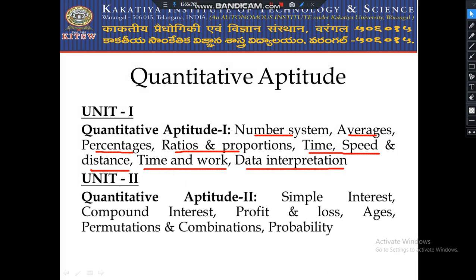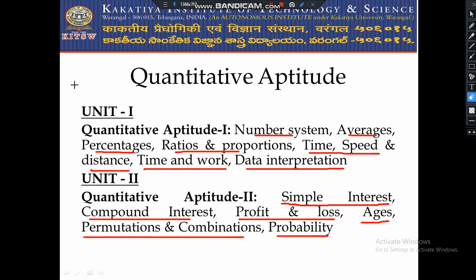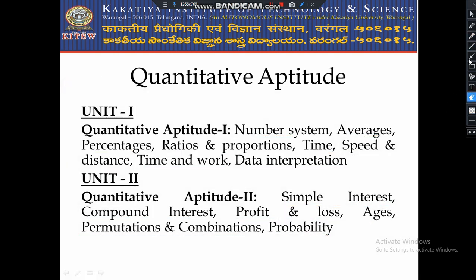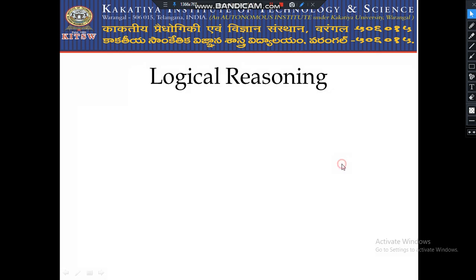And unit 2 again has quantitative aptitude: simple interest, compound interest, profit and loss, ages, permutations and combinations, probability. So yes, this again is simple math. We will see more about these in detail in coming classes.